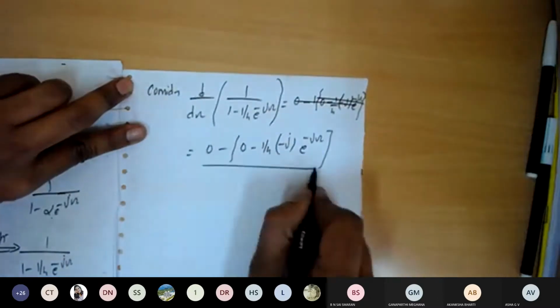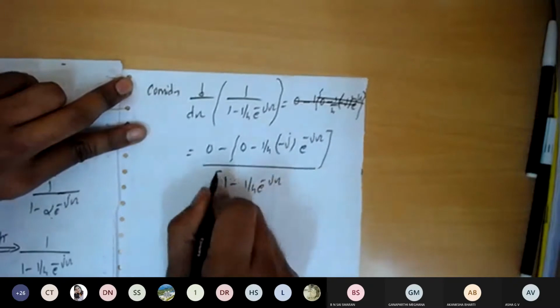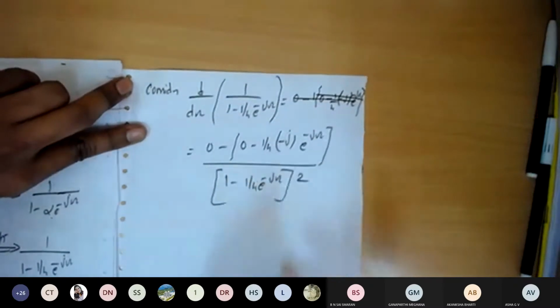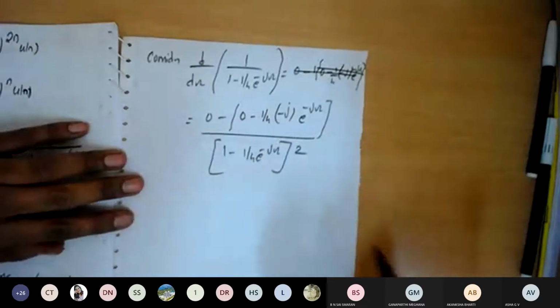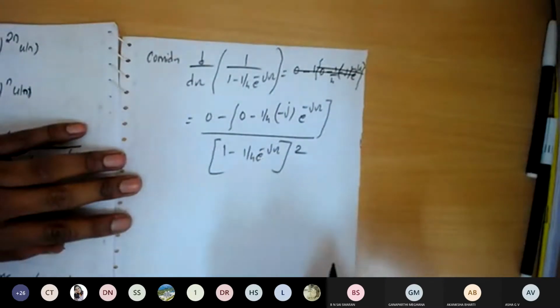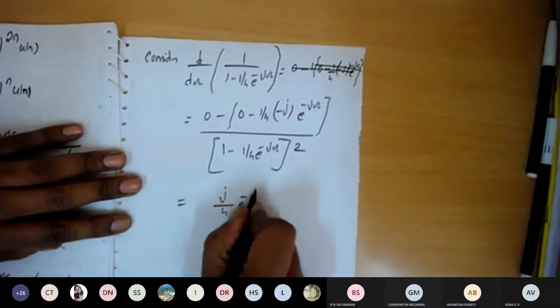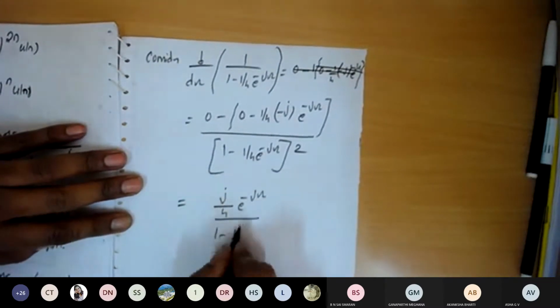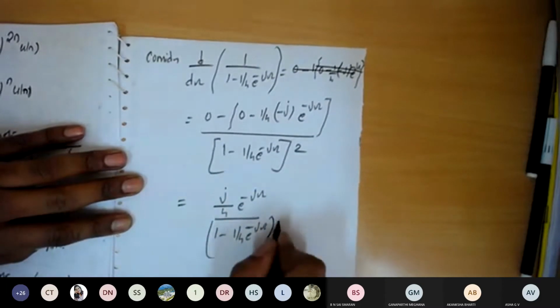This is divided by 1 minus 1 by 4 into e to the power of minus j omega, the whole square. Here minus into minus will become plus, so we get j by 4 into e to the power of minus j omega, divided by the whole square.